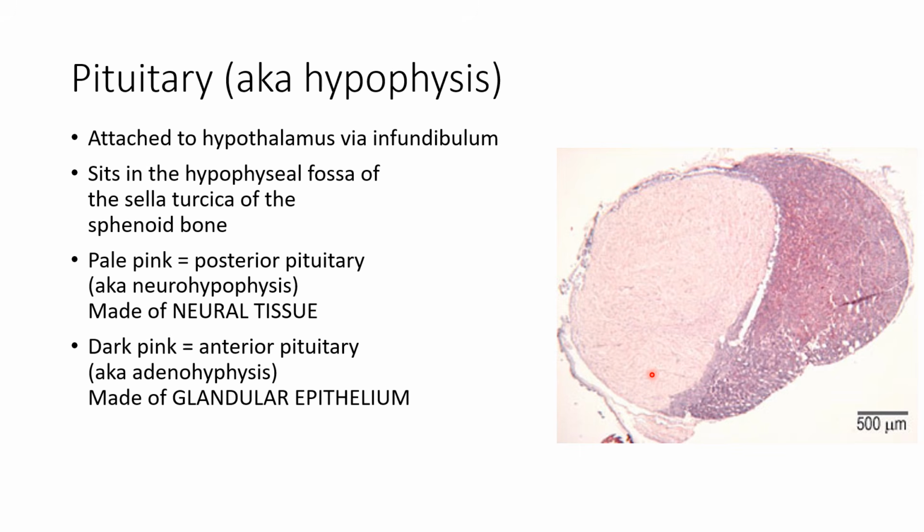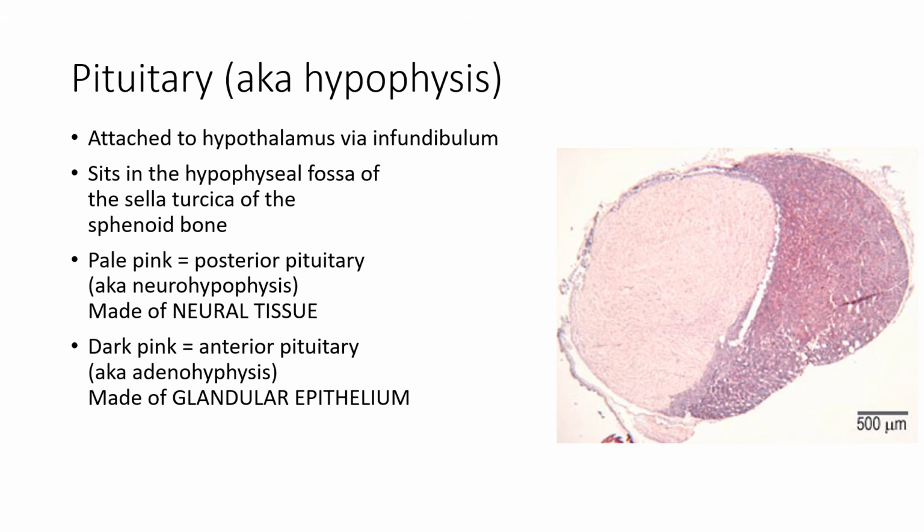The dark pink is the anterior pituitary, also called the adenohypophysis. That is made of glandular epithelium. Most glands are made of glandular epithelium. The only reason I'm specifically stating it here is to further highlight that yes, the posterior and anterior pituitary are made of two completely different types of tissues, and they originate from two totally different places.